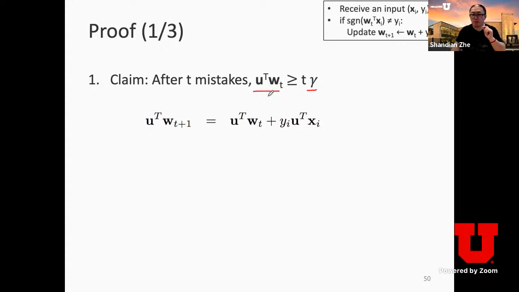Remember, in perceptron, after each mistake, we update the model. After t mistakes, we denote the updated vector by Wt. We're just saying that the inner product between the weight of a separating hyperplane and the weight estimated by perceptron after t mistakes is no less than t times gamma. And gamma is the margin, or a lower bound of the margin, of this separating hyperplane.